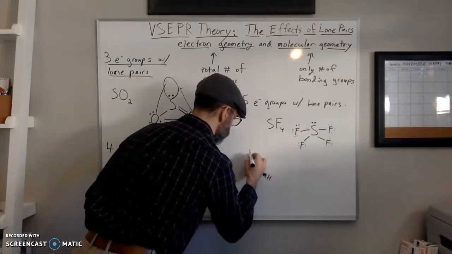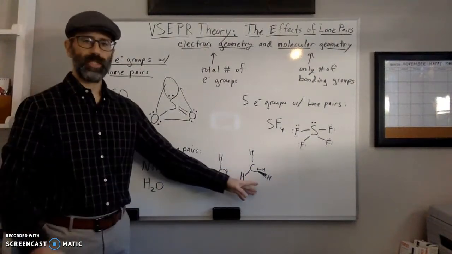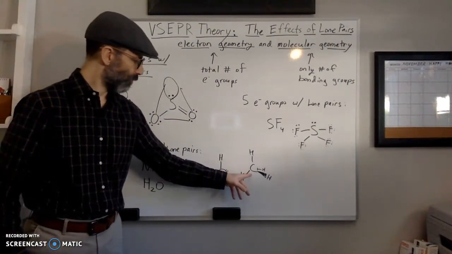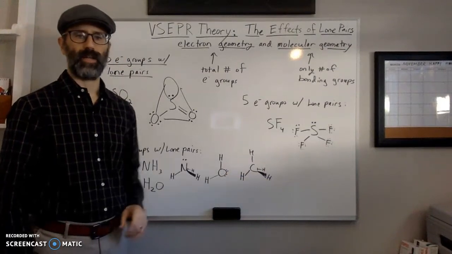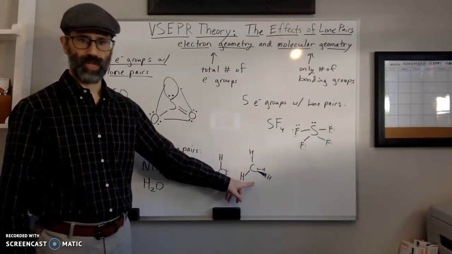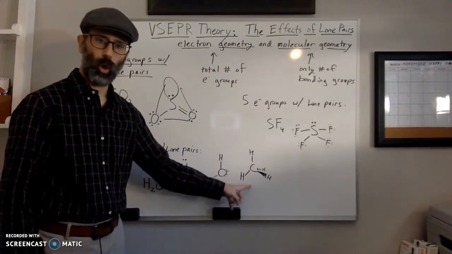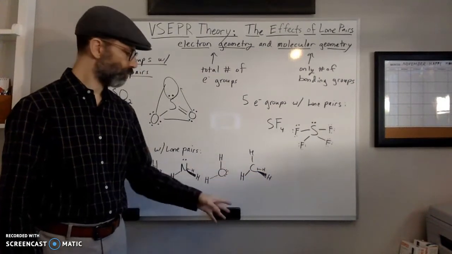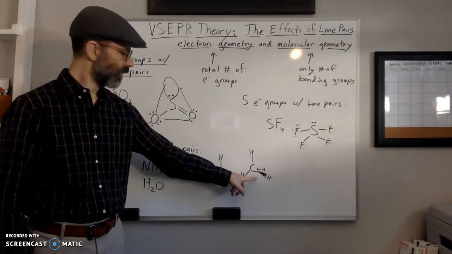So I have H, H, H. Before we said, if you have 4 total groups around your central atom, then you're going to have an electron geometry of tetrahedral. So here I have 4 atoms, no lone pairs. The total number is 4. So the electron geometry is tetrahedral.